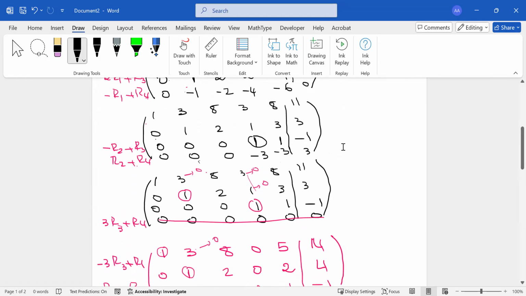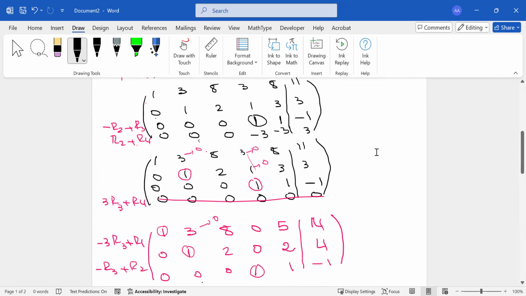For instance, as soon as we get one row of zeros, somebody can say, okay, let me just choose randomly x3 equals this, x2 equals this. You can do it, but then you can have way more complicated calculations to do.